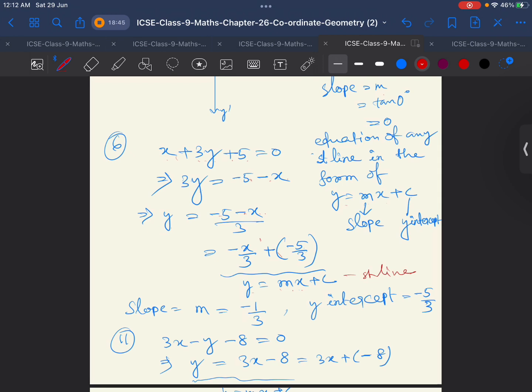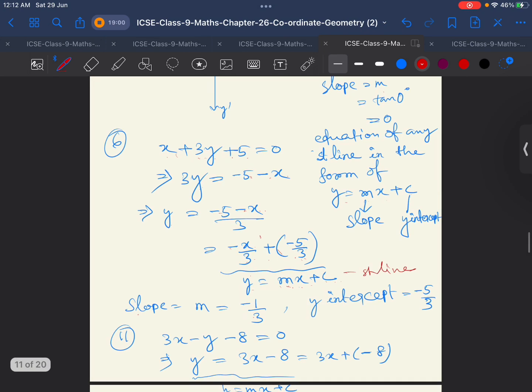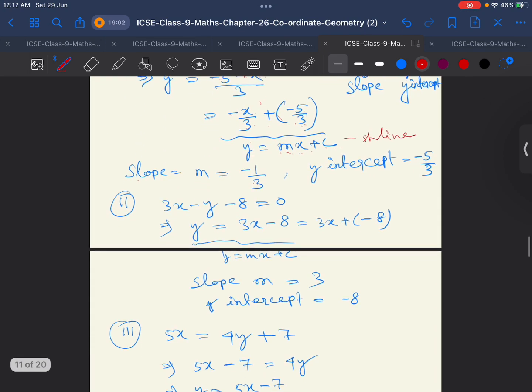Here we compare y equals mx plus c with this equation. So you see m equals minus 1 by 3, this is the slope, and c equals the y-intercept, which is minus 5 by 3.